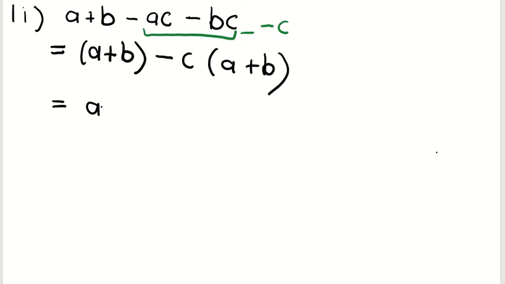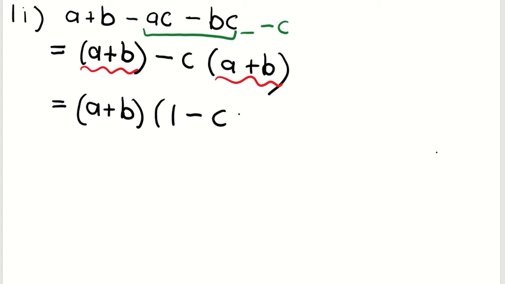Okay, a plus b again is now my common factor. And then I am left with 1, because if I divide a plus b by itself, we are left with 1. En dan ook minus c.